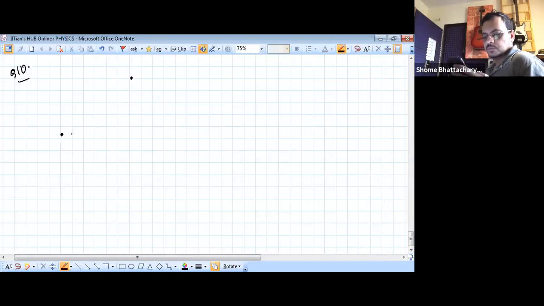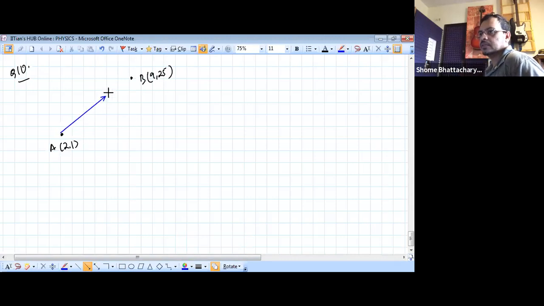So a particle is moving from one point to another. A has coordinates 2, 1 and B has coordinates 9, 25. So suppose a particle is making a displacement from A to B, what will its displacement vector be like? It will be this vector.